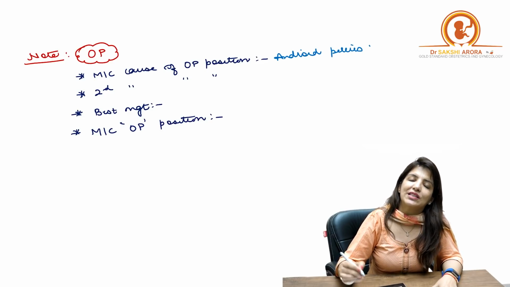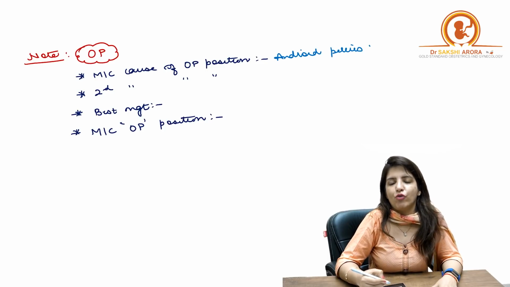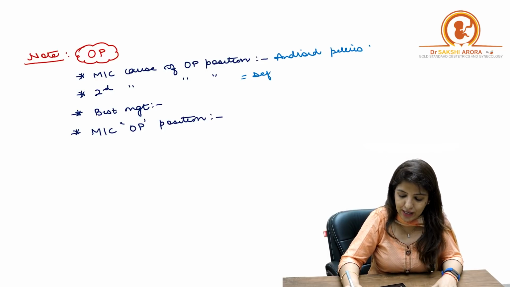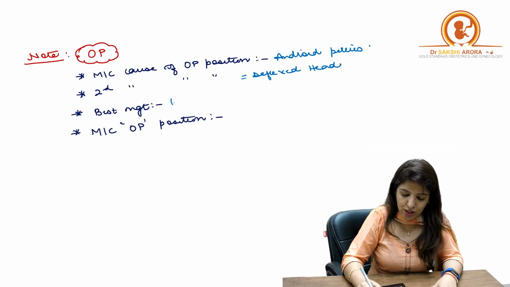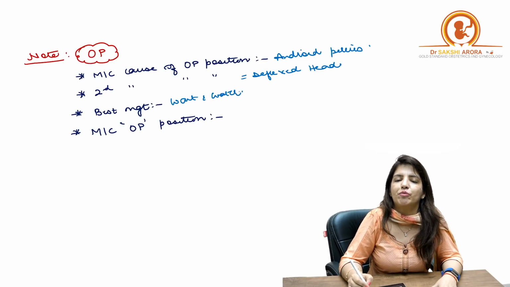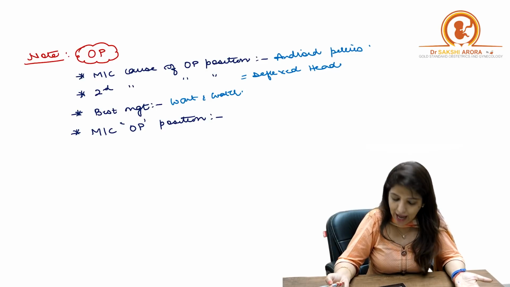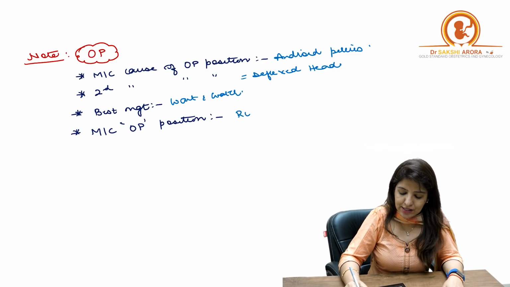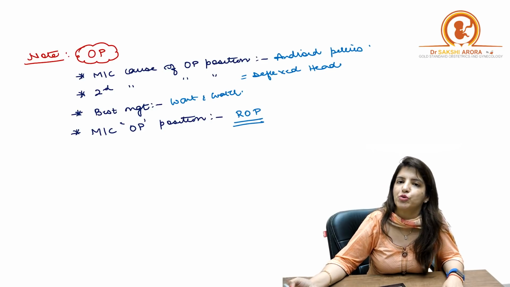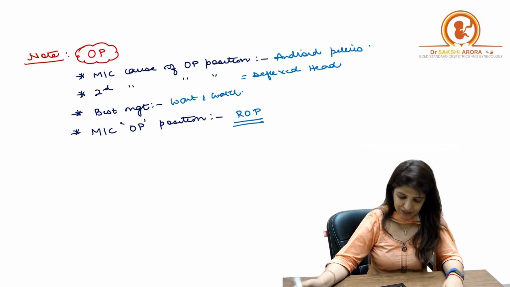If they ask you what is the second most common cause of occipito-posterior position, then it is deflexed head. What is the best management of occipito-posterior position? It is wait and watch. Most of the time the head of the baby will spontaneously rotate and vaginal delivery will happen. Which is the most common occipito-posterior position? It is the right occipito-posterior position, right?